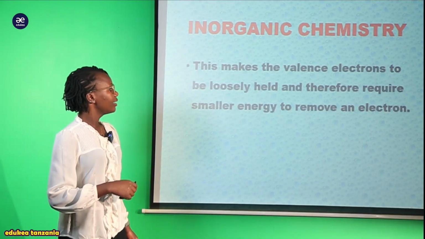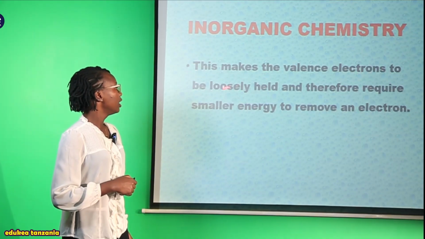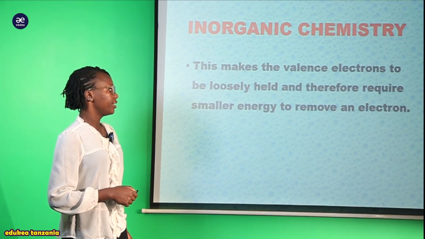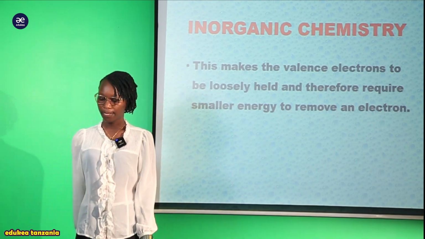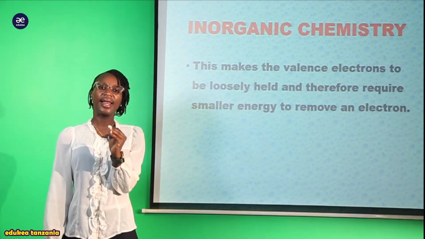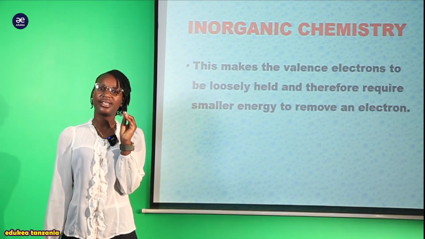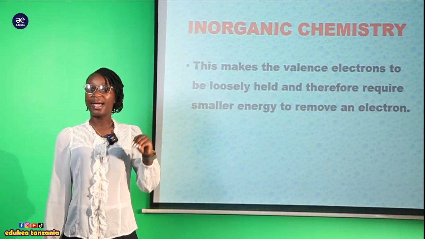Okay. Now sasa hiki kinachotokea anasema kwamba this makes the valence electron to be loosely held and therefore require smaller energy to remove the electron. Sasa unaunganisha matukio kuanzia mwanzo. Kumbuka tunaongelea concept of what? Ionization energy. Lakini tumesema kwamba ionization energy is determined by what?